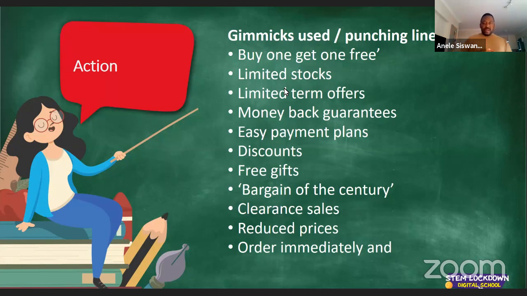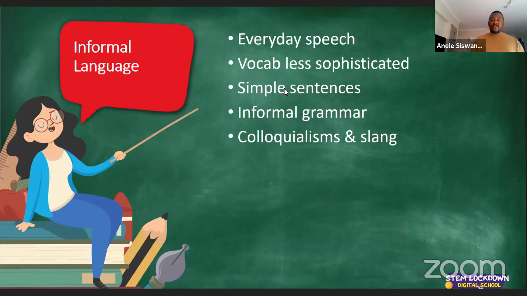You can think of different adverts that you have seen, the discounts and everything that comes with that. Remember, this is just a review of what we did yesterday, which is not the focus of today, but it's an extension of what we're going to focus on.